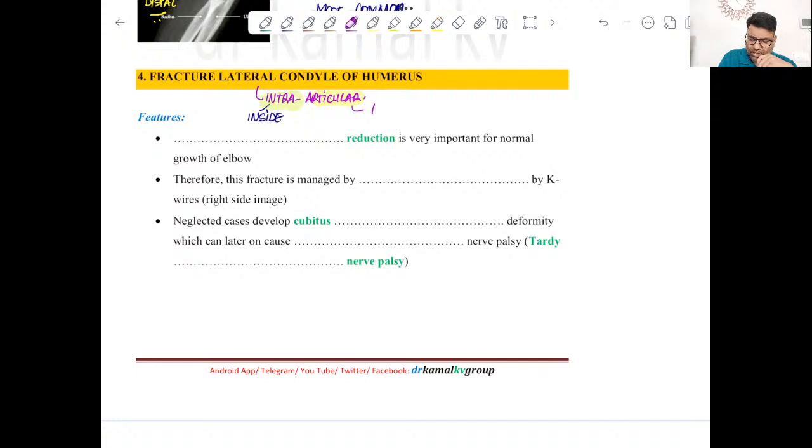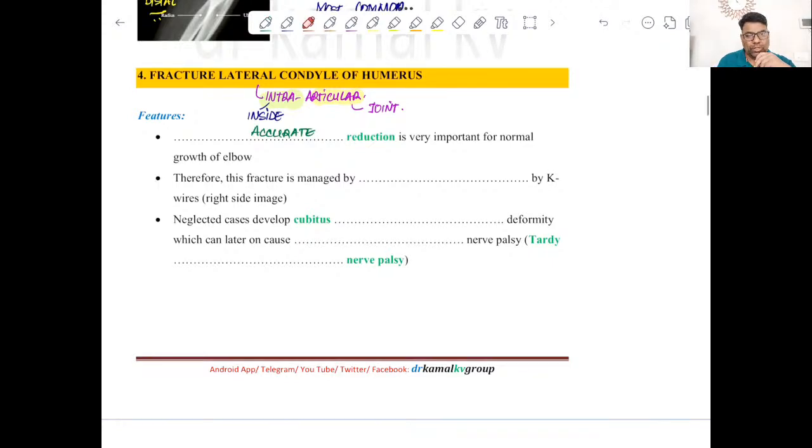So the fracture line is extending till the joint, and therefore you have to make a proper reduction. So accuracy of reduction is very important here, and we write it as accurate reduction is very important. And because this is an epiphyseal area, we have to make sure that it is not disturbed at all.